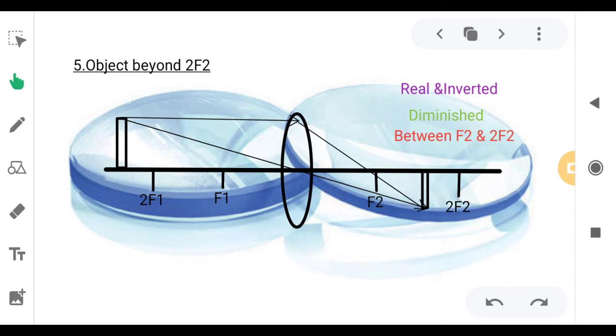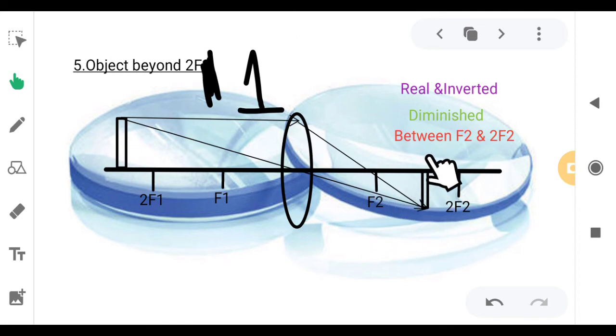Next is object beyond 2f1. If the object is placed beyond 2f1, the image will be formed here, between f2 and 2f2.